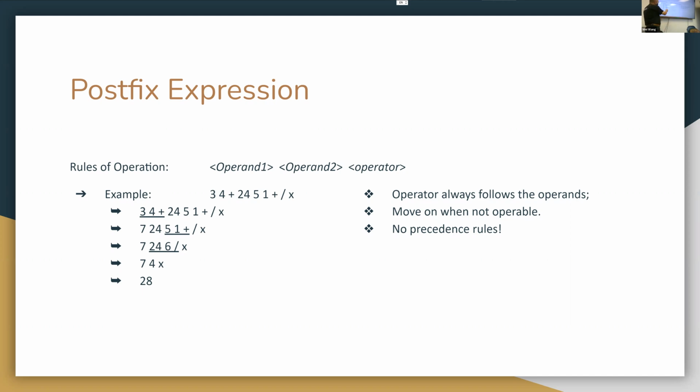And then that gets evaluated to 4, and then the remaining is 7, 4, and multiplication, and we get the same result, 28, as the prefix notation gave us. So without any other rules, just following the postfix rule, we can evaluate the expression.